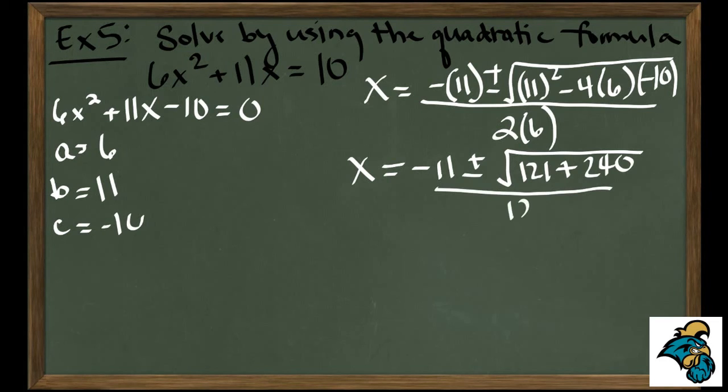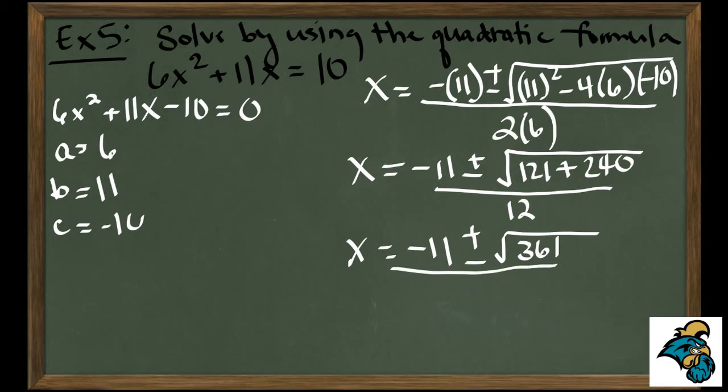We have minus and a negative, so that's going to give me a plus. 4 times 6 times 10 is 240, all divided by 12. So keep simplifying. X is equal to negative 11 plus or minus the square root of 240 plus 121 is 361.